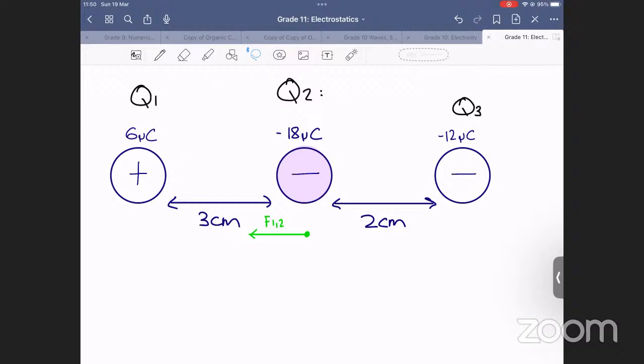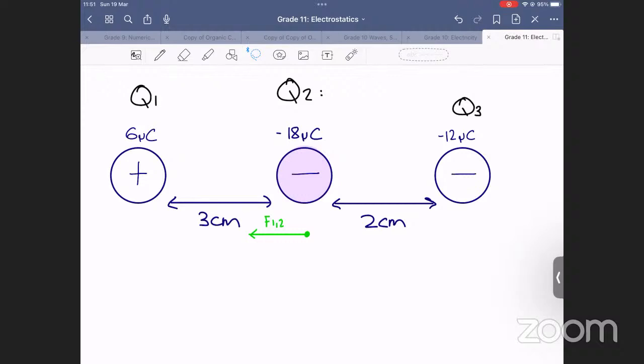See, the word exerts always just sounds like you're pushing it away. Okay, we have a couple of lefts. Repulsive. Correct. So to the left is indeed the correct answer.